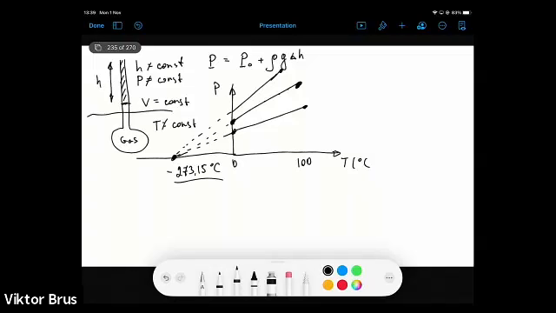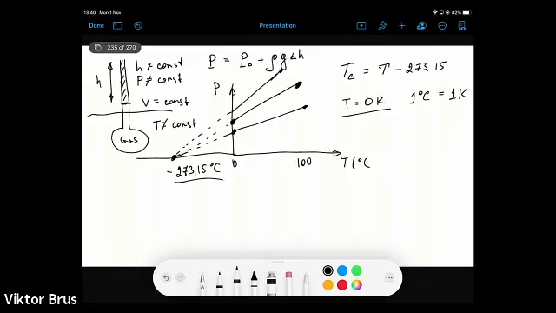So we can write that temperature in Celsius is equal to absolute temperature minus 273.15. And obviously absolute temperature is going from 0 Kelvin. So that is absolute zero. Also we can write that 1 degree of Celsius is equal to 1 Kelvin.